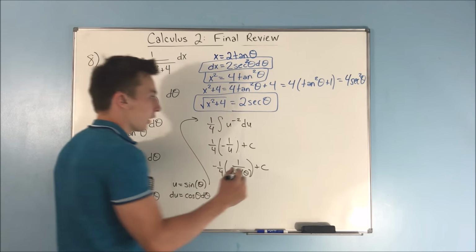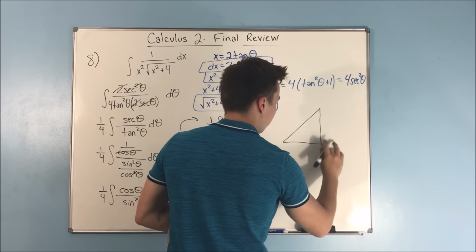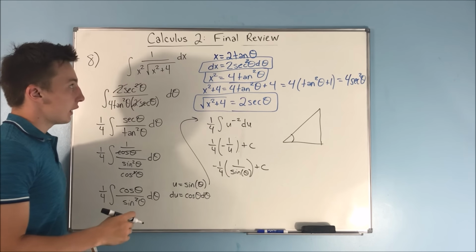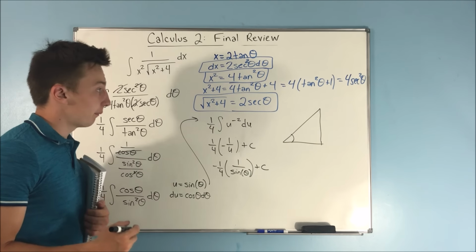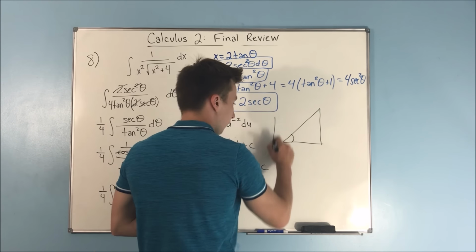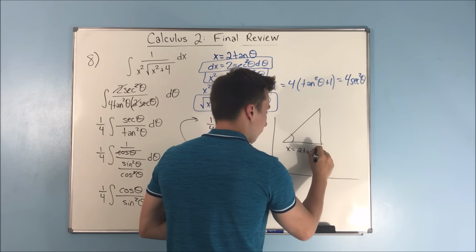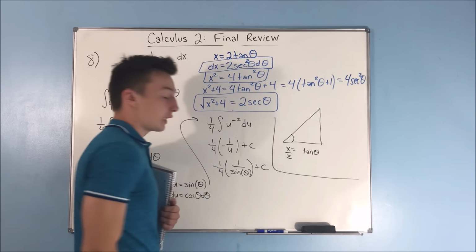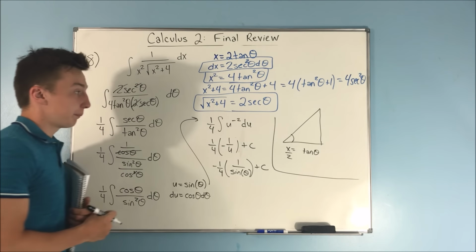So we set up that triangle, the good old triangle. We'll put our angle here, and right here this is telling us that x equals 2 tangent theta. If x equals 2 tangent theta, then x over 2 equals tangent theta. And tangent theta is opposite over adjacent.